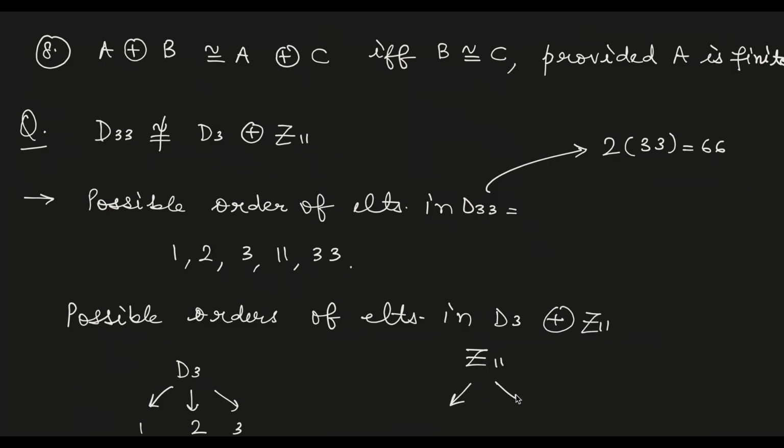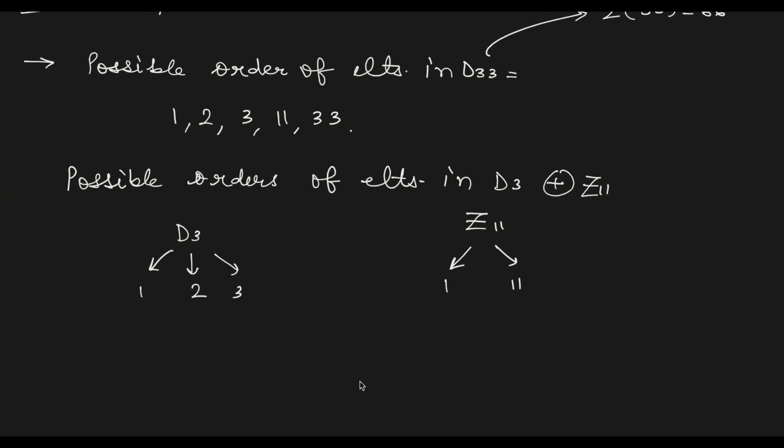For Z11 possible orders will be 1 and 11. So possible orders will be 1, 11, 2, 22, 3, 33.